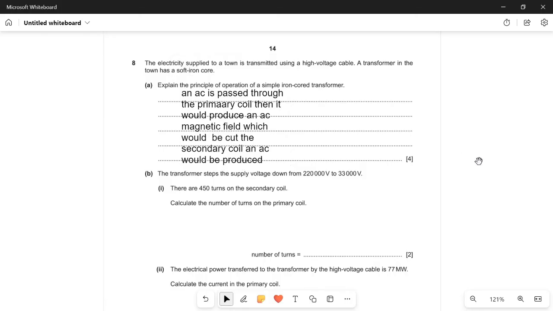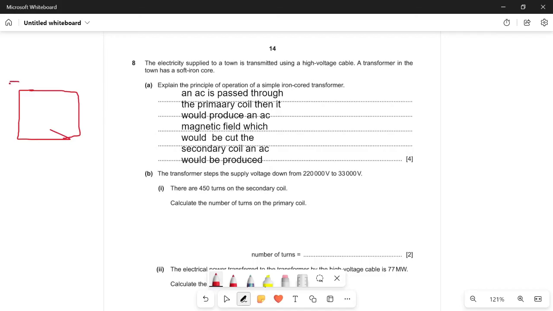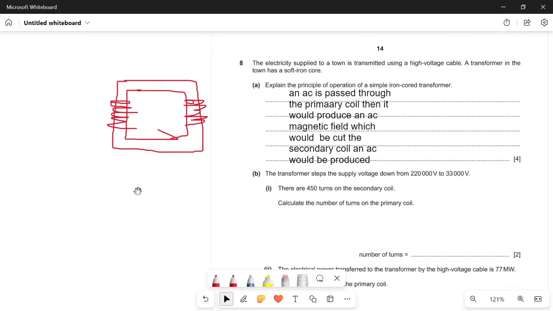So let me explain this in a diagram so it would be easier. So we have a transformer over here. This is the soft iron core, and then we have our primary coil, and then we have our secondary coil. Now AC current would be provided over here. So there would be an AC power supply, which would be provided over here.